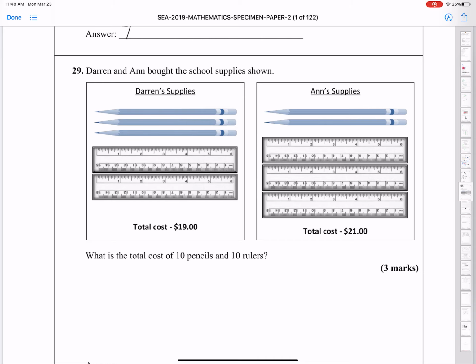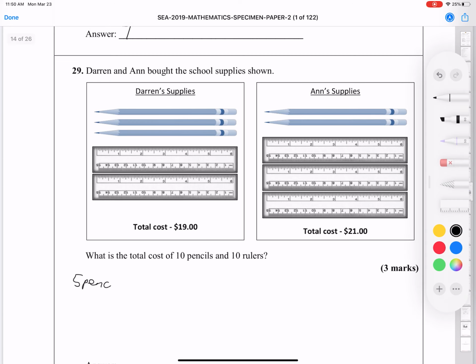Now, look at what is being asked of you. What is the total cost for 10 pencils and 10 rulers? And you realize that when you put Darren's and Ann's supplies together, you end up with 3 pencils and 2 pencils. That's 5 pencils.